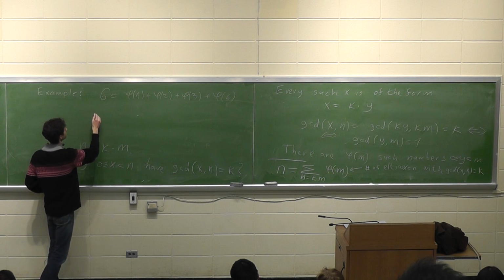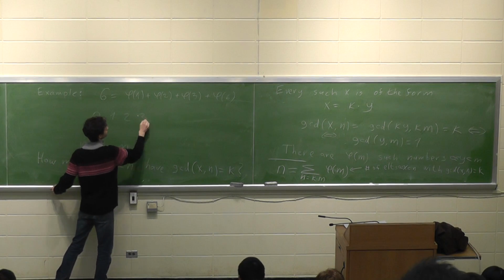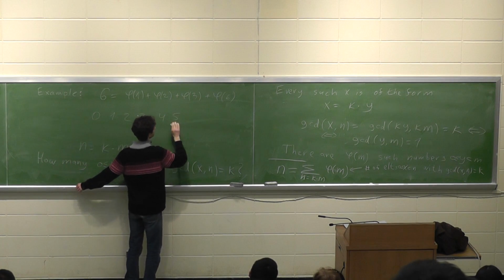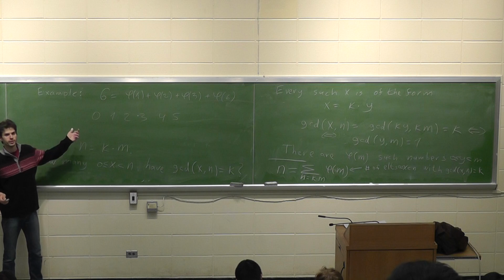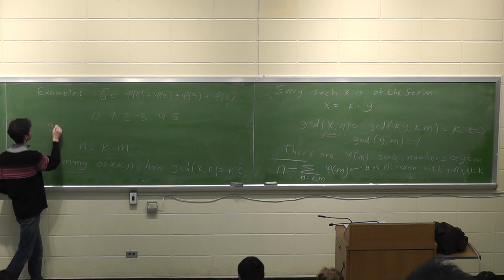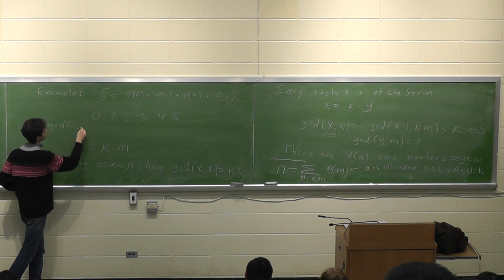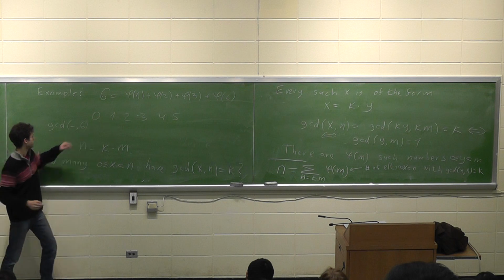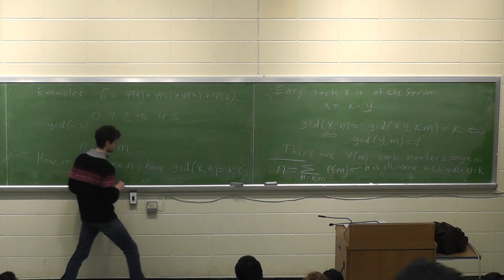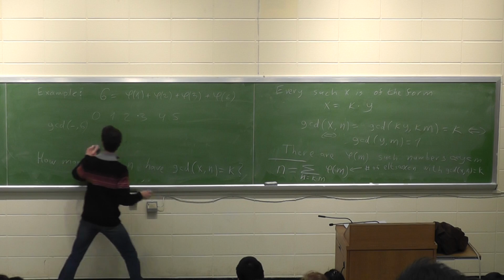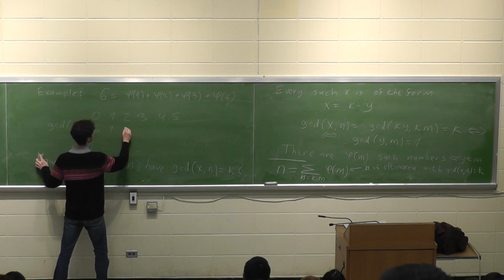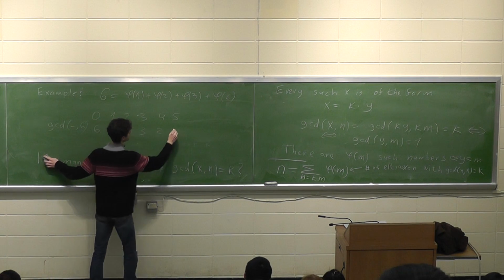I take the elements 0, 1, 2, 3, 4, 5, and that's it. For each one of them, I compute the GCD of this element with 6. Here I get 6, 1, 2, 3, 2, 1.